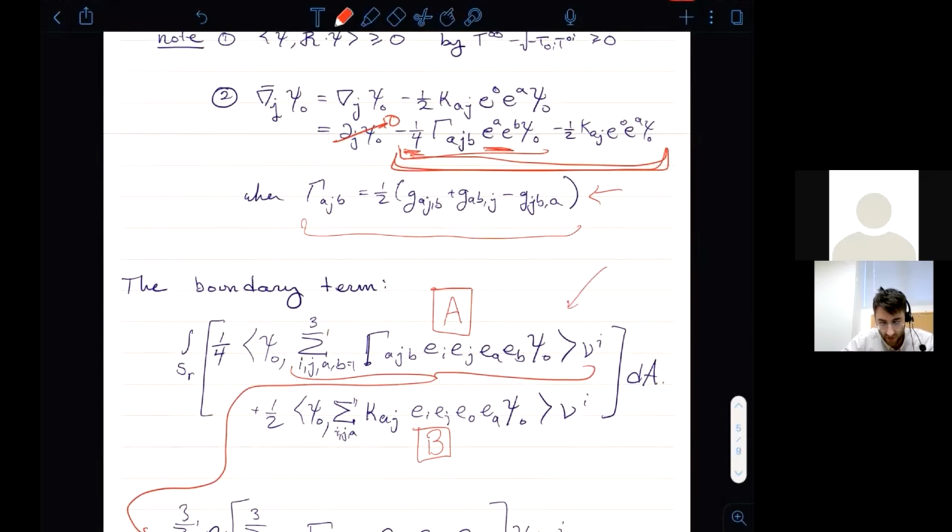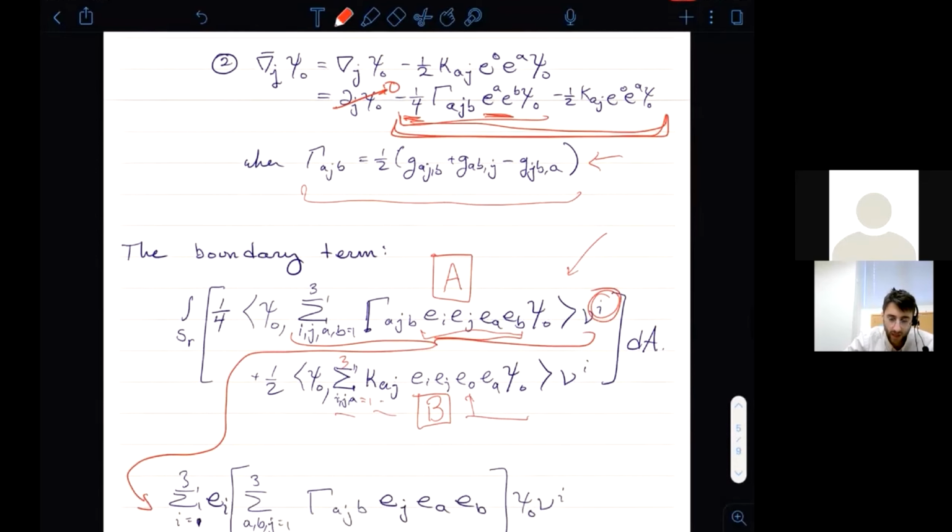One from the Christoffel symbols, a product of four actions by Clifford multiplication, tied up with different components of the normal vector or different parts of the area form, however you want to think about it. And then a triple sum over here, all going from 1 to 3, of the second fundamental form terms. And we have an e_0 here because that's how the second fundamental form is acting.